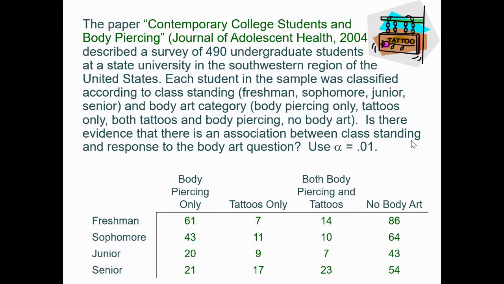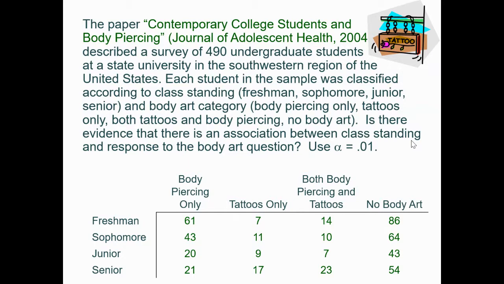490 undergraduate students at a state university in the southwestern region of the U.S. Each student in the sample was classified according to class standing, meaning freshman, sophomore, junior, or senior, and body art category.